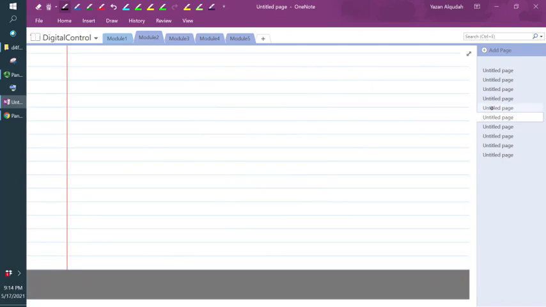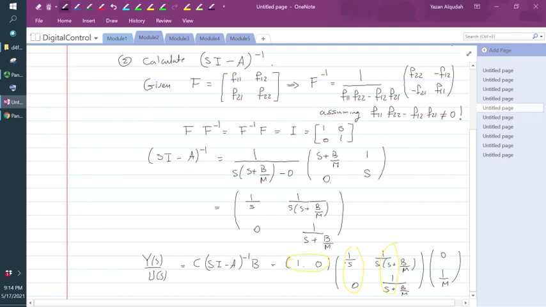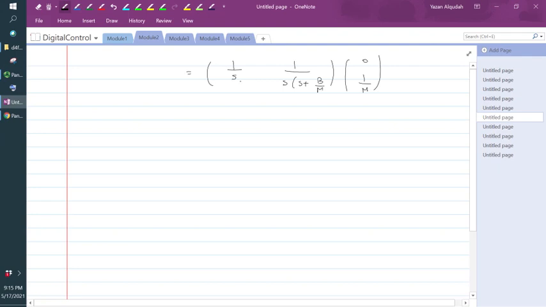Again, 1 is going to multiply 1 over s, 0 is going to multiply by the 0, 1 is going to multiply 1 over s(s plus b over m), and the 0 is going to multiply the 1 over (s plus b over m). So therefore I'm going to get 1 over s(s plus b over m).